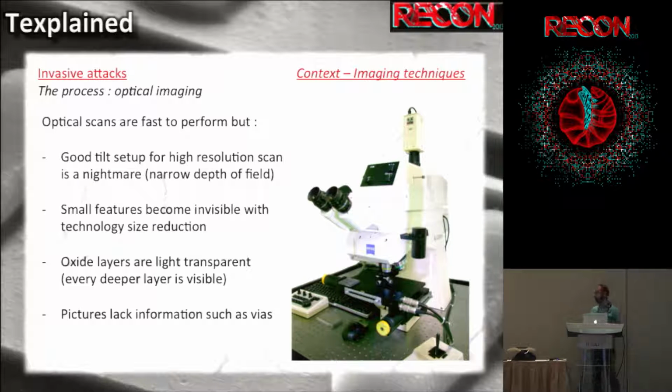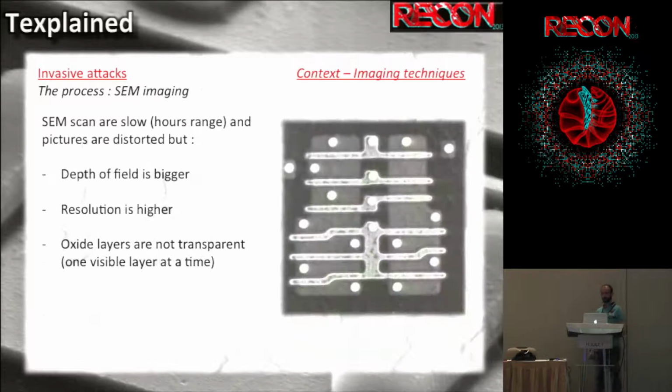So for me, the direction you have to take is to use a scanning electron microscope to get ultra high resolution, to get rid of all the problems we have with the optical one. With this machine, you will see only 1 layer at a time, because the oxide layer now is not transparent for the electrons. And for resolution, this is just a gate.